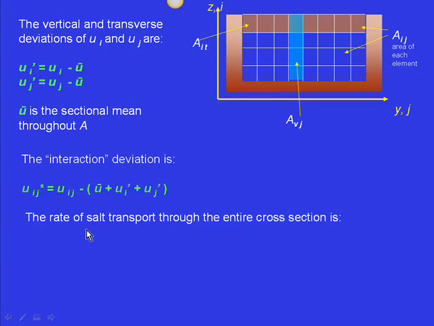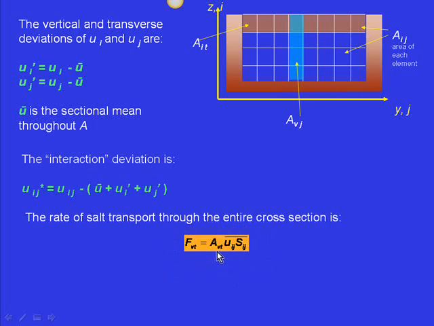So in general, the rate of salt transport throughout the entire section is given by this representation. The area, this is the cross-sectional area, times, so this is the same representation as we showed at the beginning of this class, that it's the same as integrating the product of U times S throughout the cross-section.